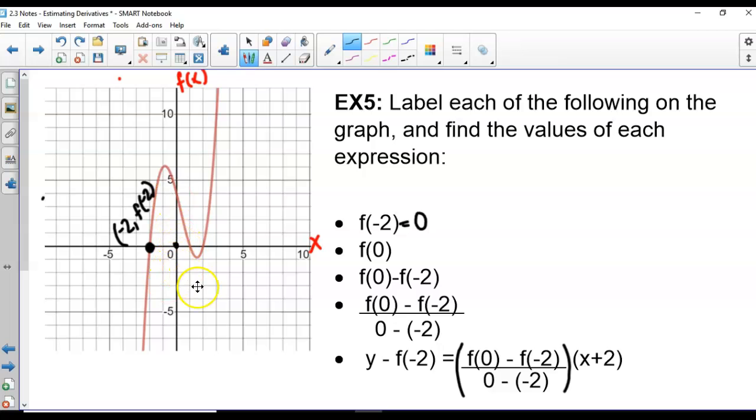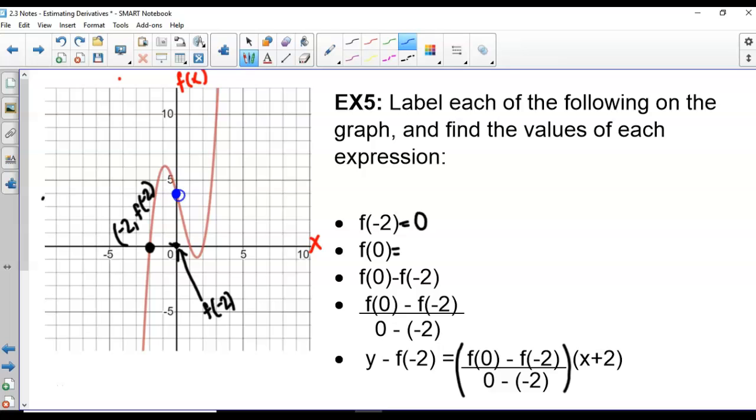So this point right here on the y-axis, that is our f of negative 2. So like if we're numbering our y-axis 1, 2, 3, 4, 5, the 0 is your f of negative 2.